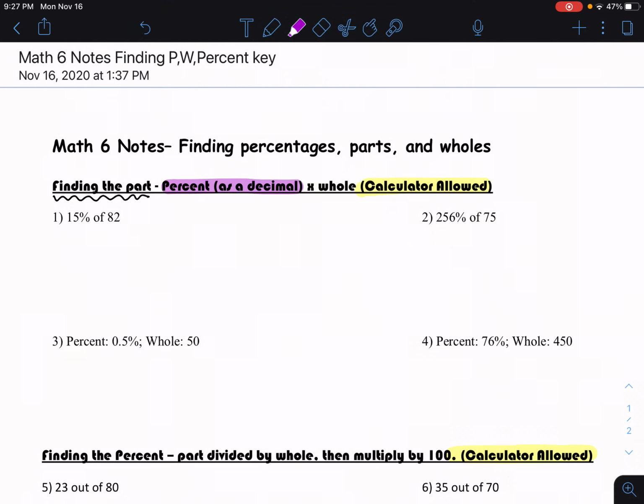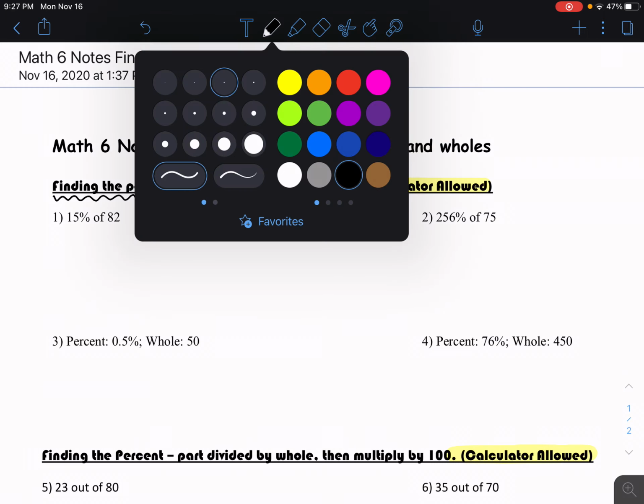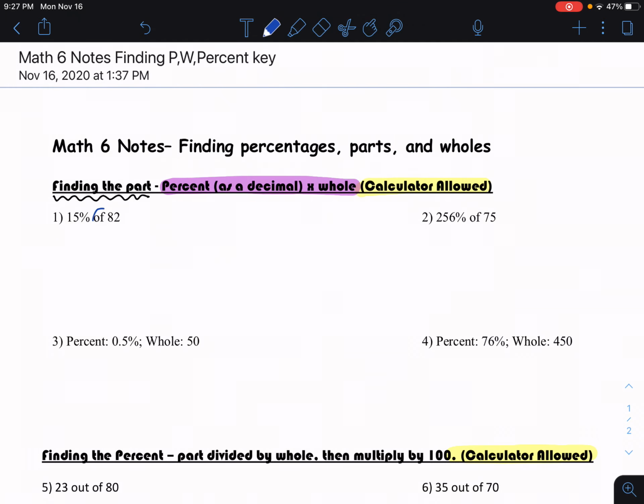So we're going to change the percent to a decimal and multiply by the whole. So you're going to be given a percent. The word of means multiply. So this word of right here means multiply. And you're going to multiply by the number that they give you.